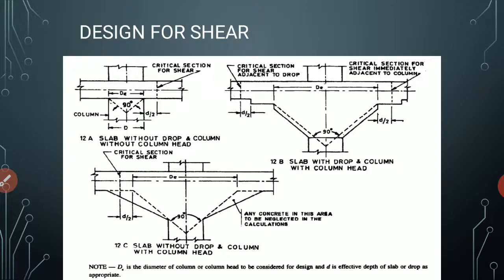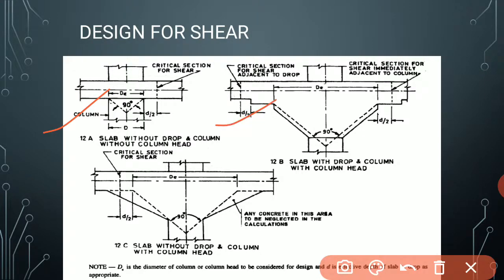Okay, so these are the diagrams that we have just seen for the thickness of the slab. The first diagram is for a slab without drop and column without column head. Then this diagram is for a slab with a drop and column with column head.